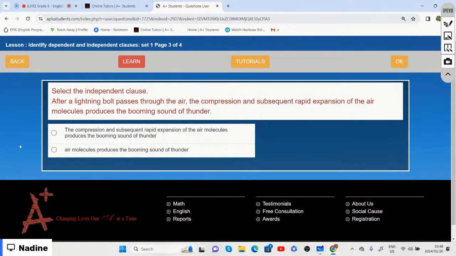We need to choose either option one or option two.